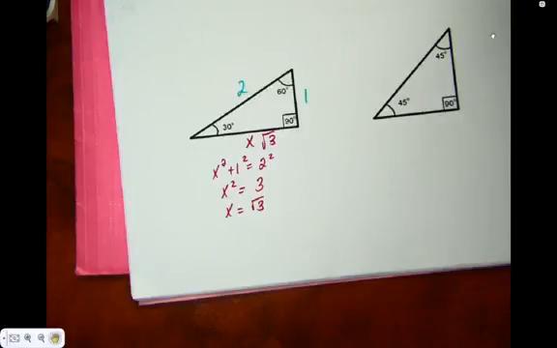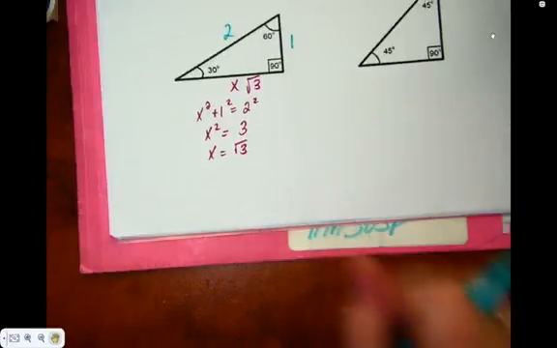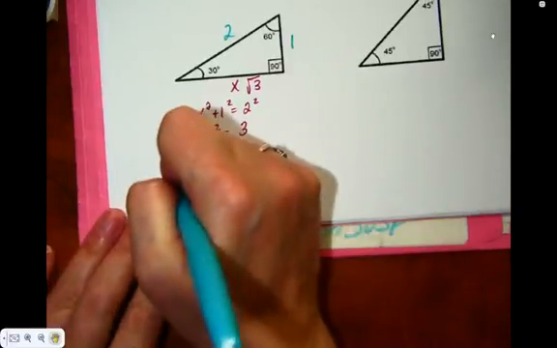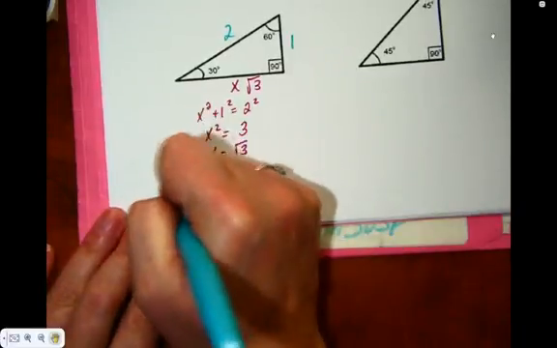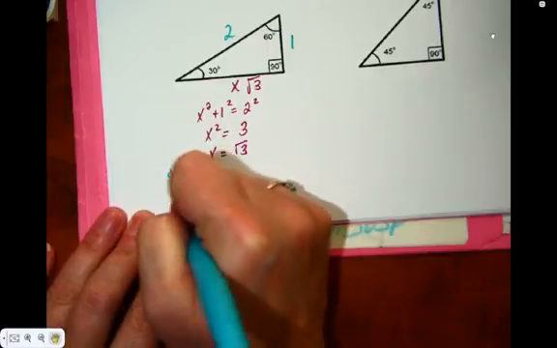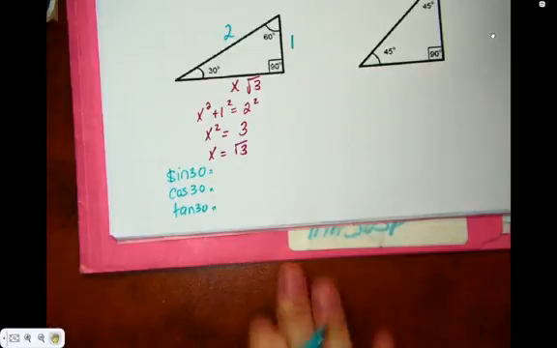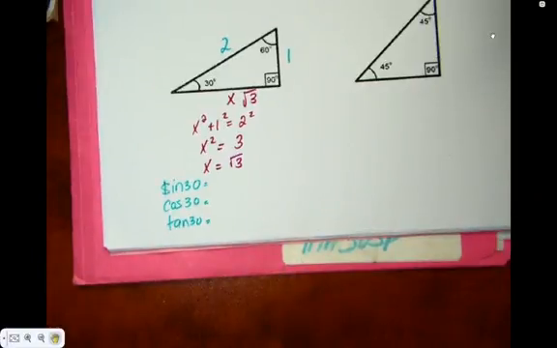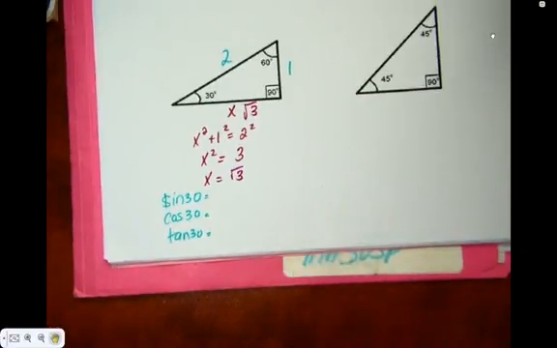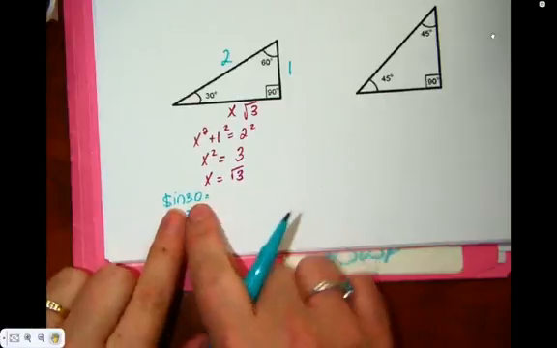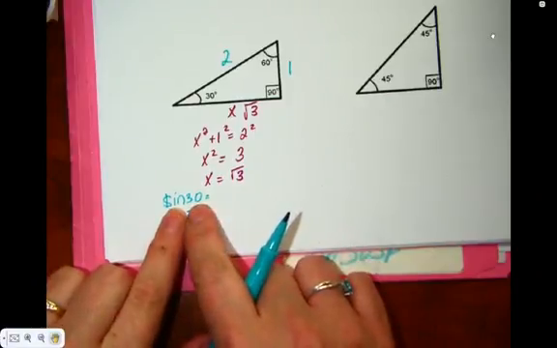Are you with me so far? So let's look at the sine of 30, the cos of 30, and the tan of 30. To memorize these, it goes straight back to SOHCAHTOA. You're just looking at the ratios of the sides. So sine is what side over what side?